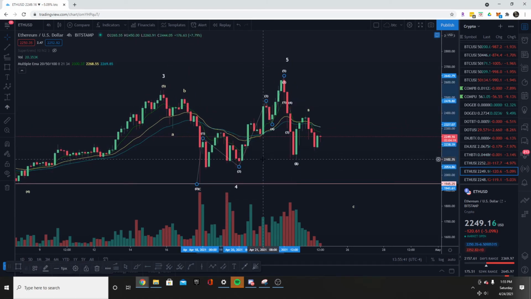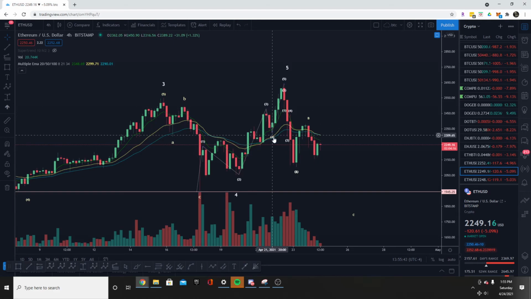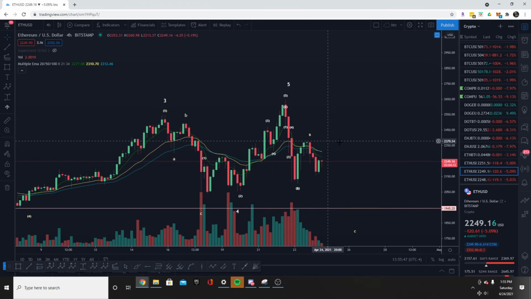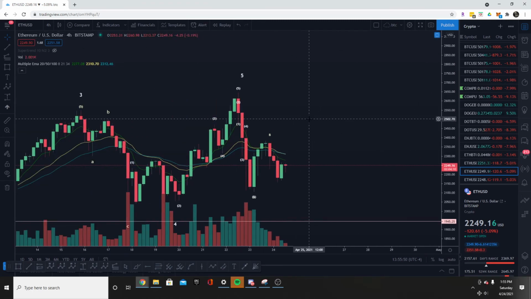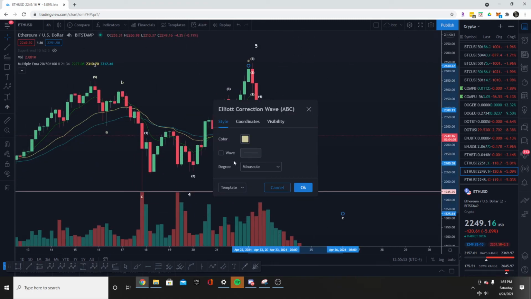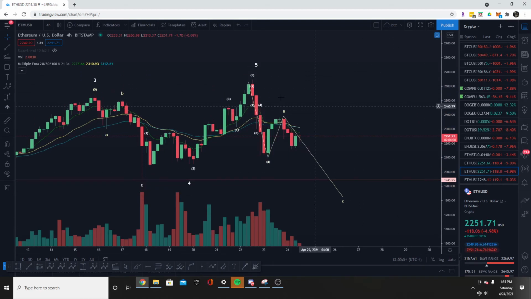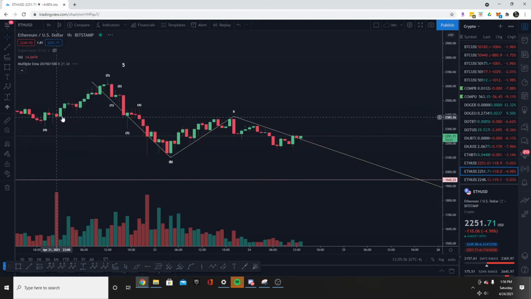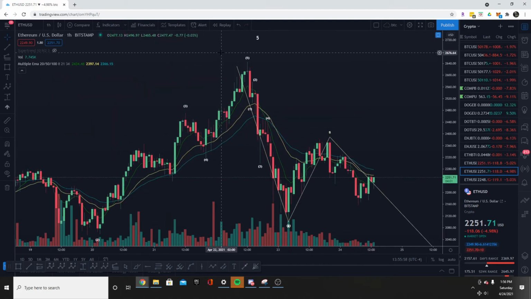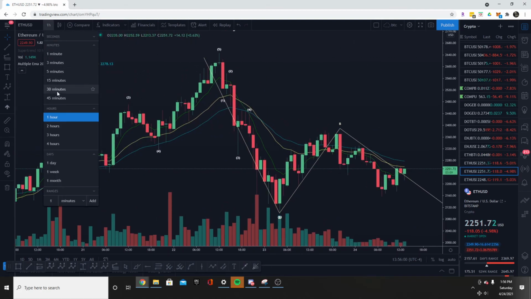Maybe this will help you visualize it. 1, 2, 3, 4, 5. And that was our top. Now we're working our way down. And why I say we're working down is because this move looks kind of impulsive on the way down.